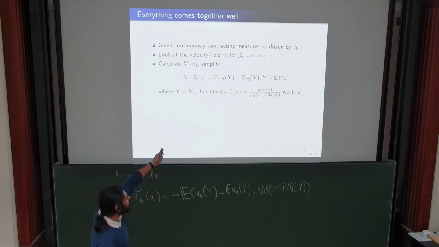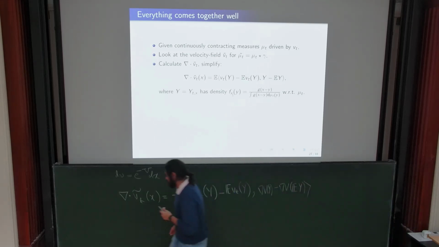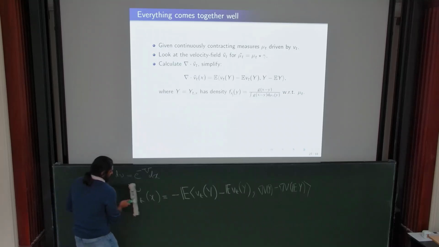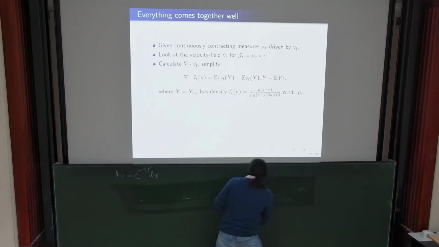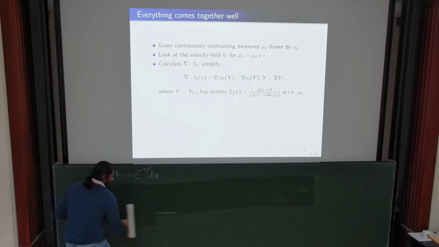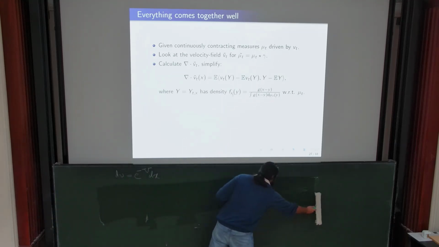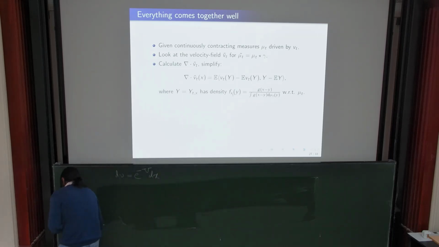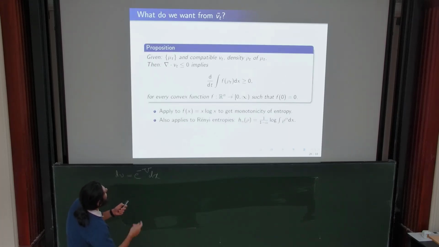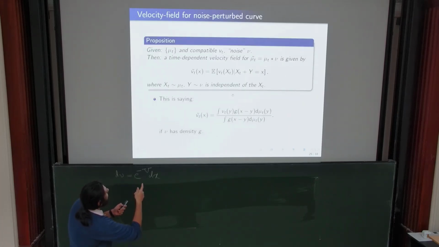So the point is that for that formula, let me check if I wrote this correctly. The sign is wrong. Yes, the sign is wrong. Sorry, I should not skip any steps here. I'll just write the right thing. So the right thing to do is to look at the formula for the velocity field.